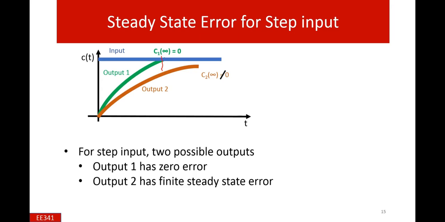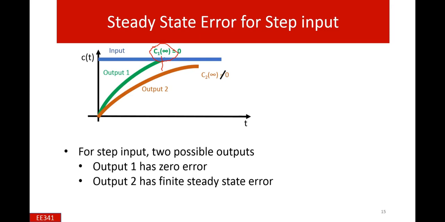So after transient behavior, steady state behavior is observed, and there is no vertical difference between the input and output for the green color. It means the steady state error is 0. So C1 represents the first output at time equal to infinity, and its error is equal to 0 as compared to the second one.